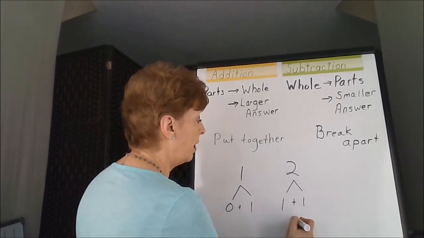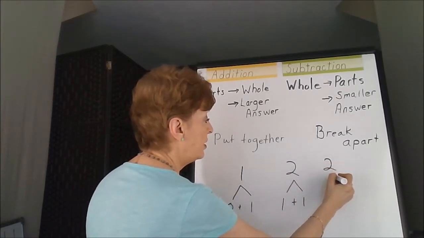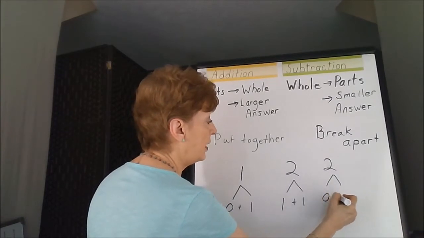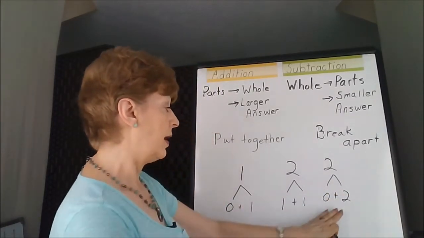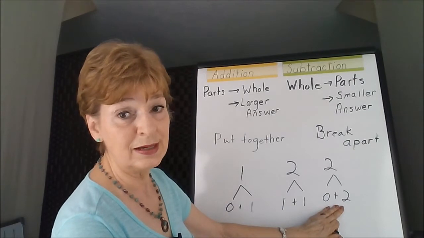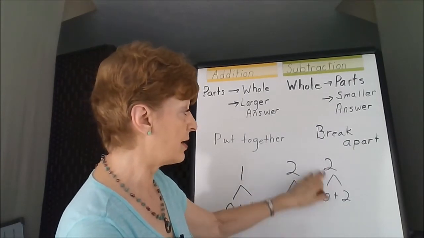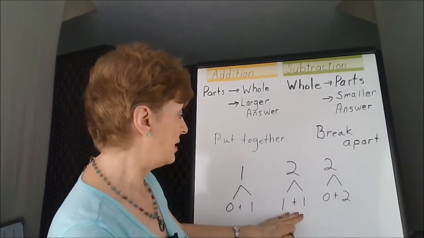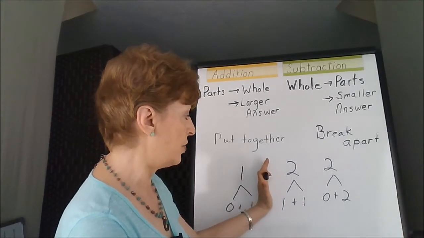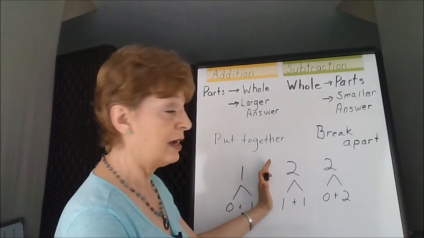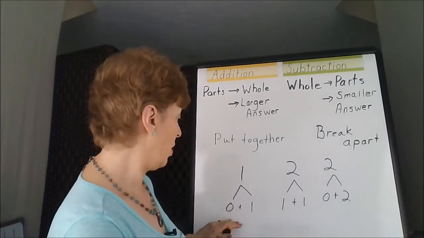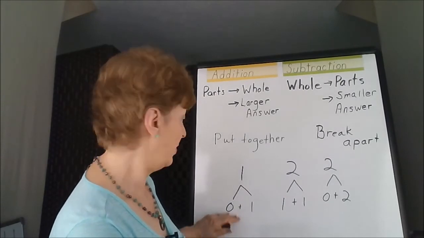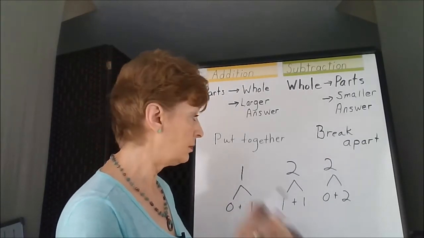Or we could break apart a 2 to a 0 plus a 2. Anytime we're working with the zeros, it really doesn't change the actual number at all. But you can see here we've got two choices of breaking apart the 2, only one with the number 1.